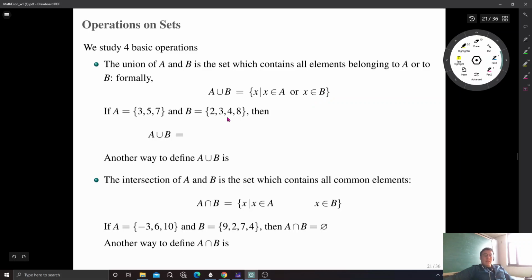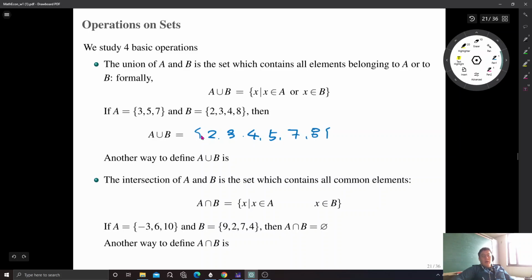So if we have two sets, A = {3, 5, 7} and B = {2, 3, 4, 8}, then the union of these two sets will be, this is pretty easy, right? {2, 3, 4, 5, 7, 8}.